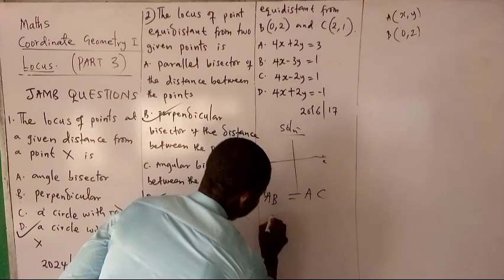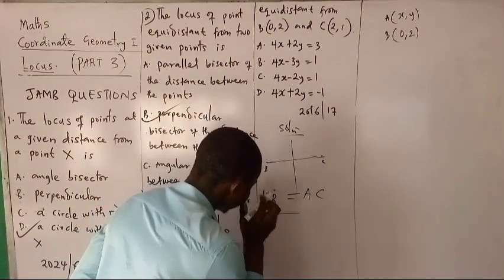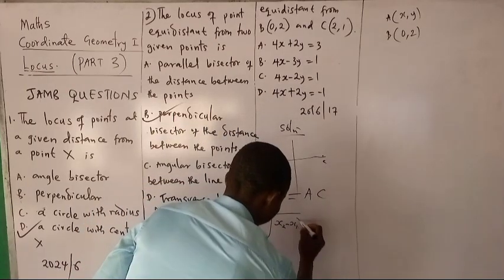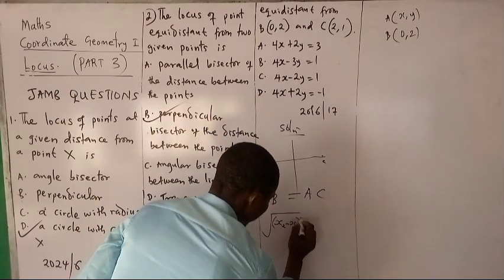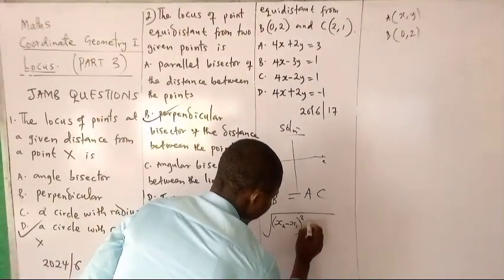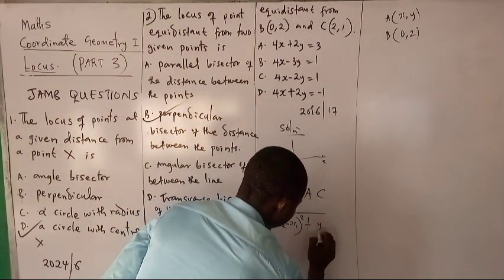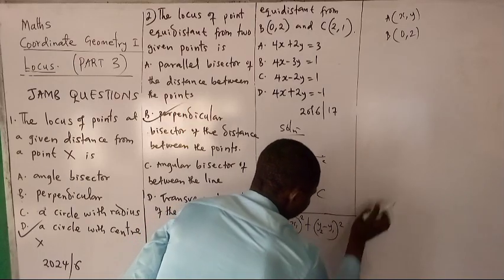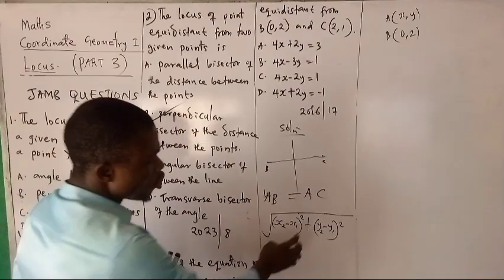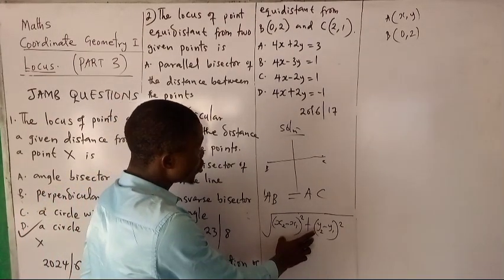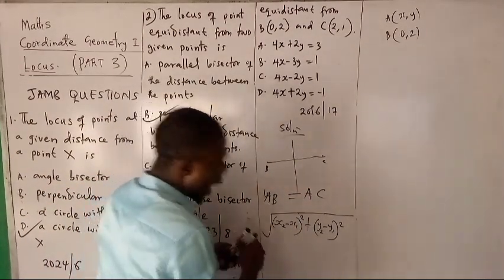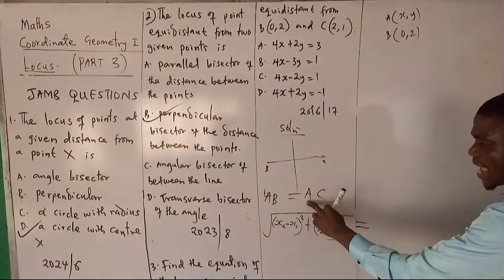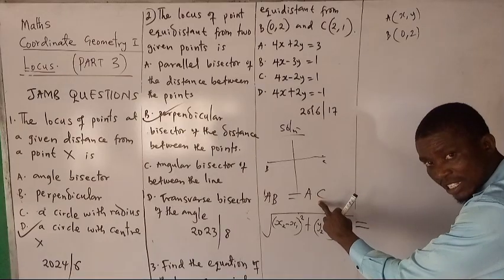That should be the square root of (x2 minus x1) all squared plus (y2 minus y1) all squared. So this is the formula to get the distance between point A and point B for this one. And that must be equal to, consider this one again, AC, another two points.